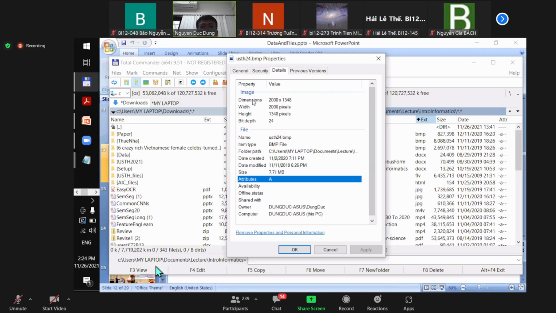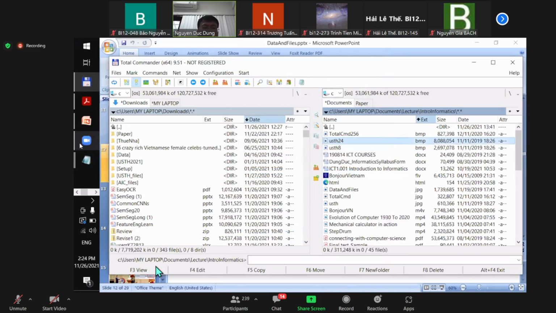For example, the dimension is 2000 by 1348, and the bit depth is 24. The size is 7.71 megabytes, and some others.